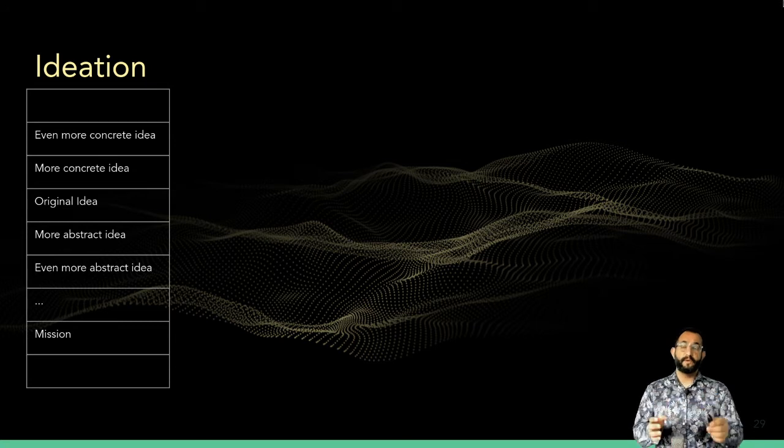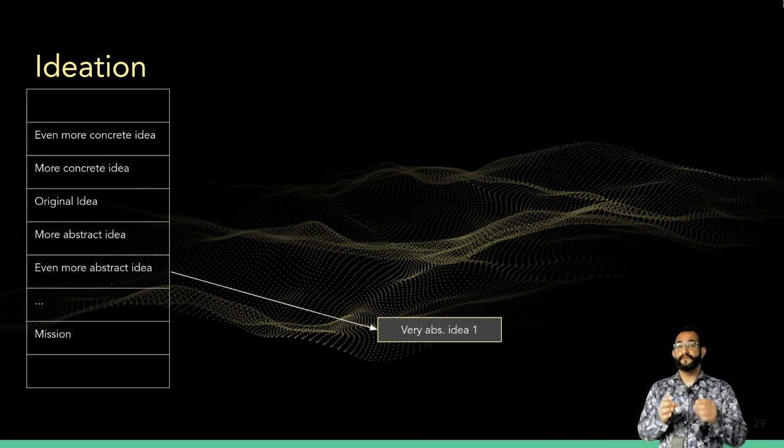Now, how would you generate a lot of ideas? So we have one idea and we want to generate many ideas like that. The first step is to go through the so what exercise to generate various layers of abstraction of the idea that we had. This will help us get to the fundamental why. As mentioned, if your idea is not specific enough, try asking yourself how a few times and add a few layers that are more concrete than your original idea.